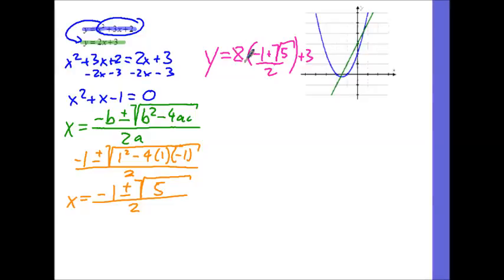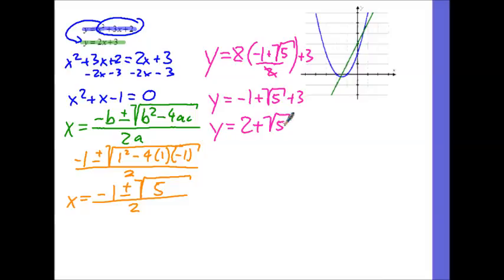Fortunately, these two eliminate each other, and we have y is equal to -1 plus the square root of 5 plus 3. In other words, y is equal to 2 plus the square root of 5. This is one of our solutions.